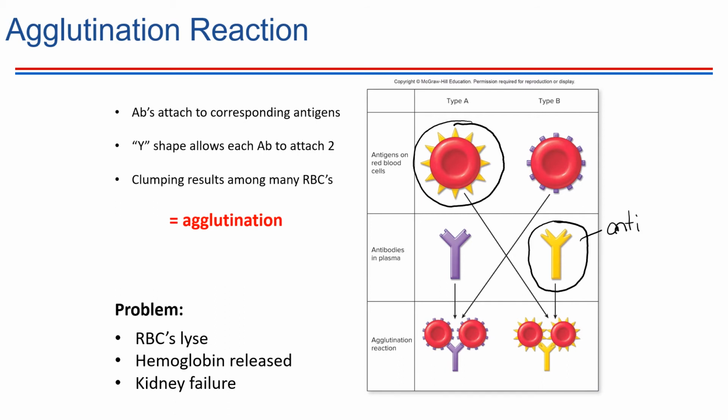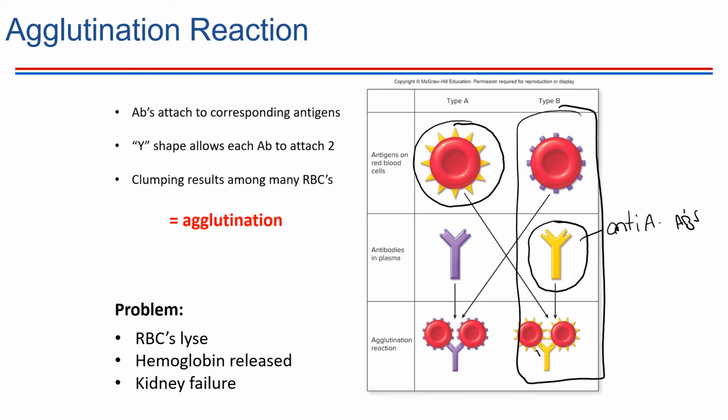So I'll call this anti-A antibodies. If this type B person is already making anti-A antibodies and we give them type A blood, then these antibodies are going to hook on to the antigens of type A blood.